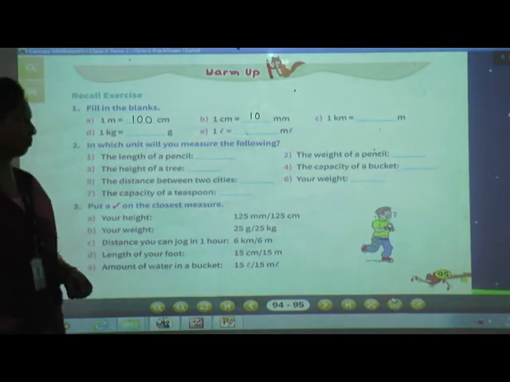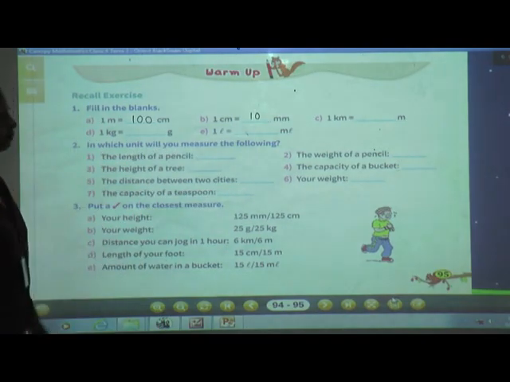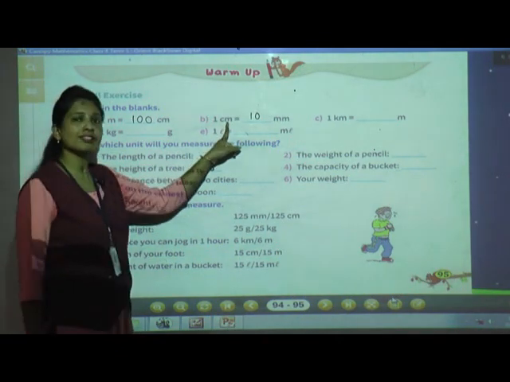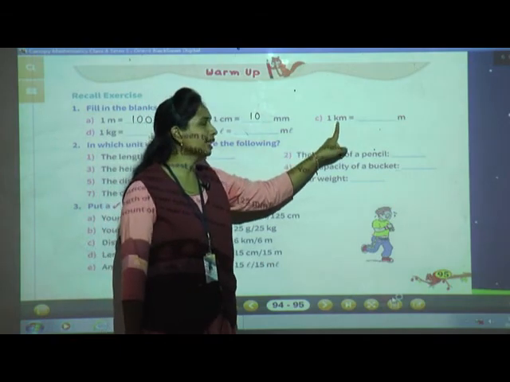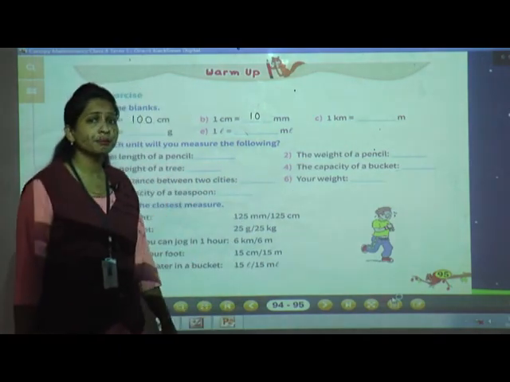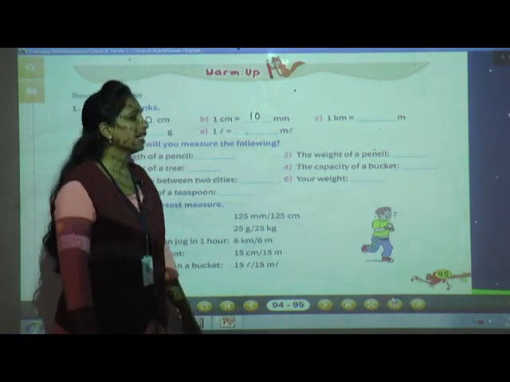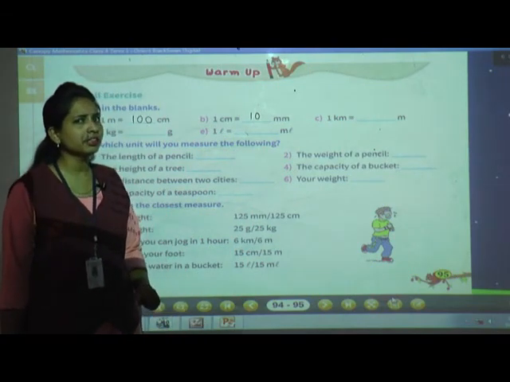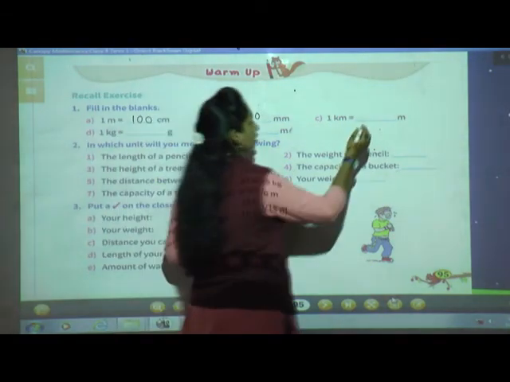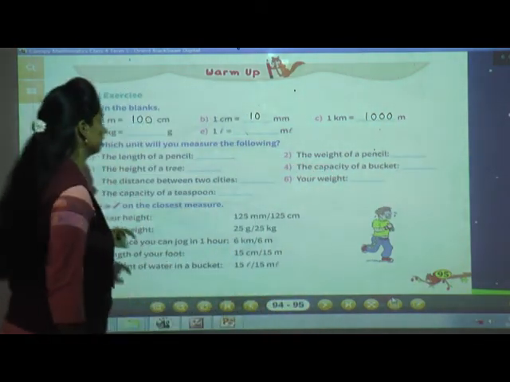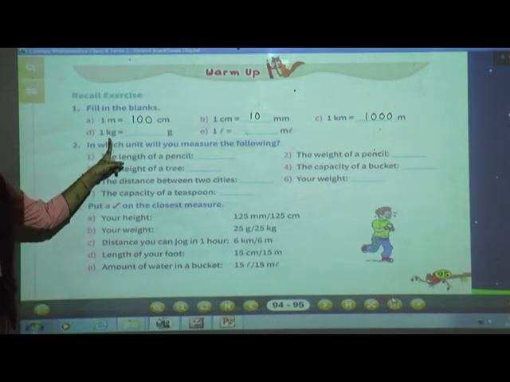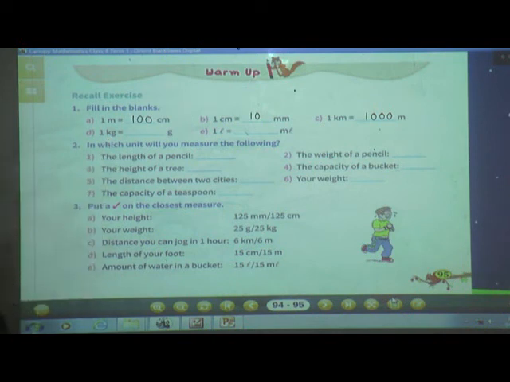10 mm. See, cm stands for centimeter, mm stands for millimeter. Now 1 kilometer, km means kilometer. 1 kilometer is equal to how many meters? 1000 meters. M stands for meter. Now the next, 1 kg is equal to dash dash g.